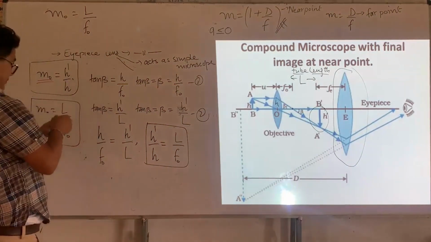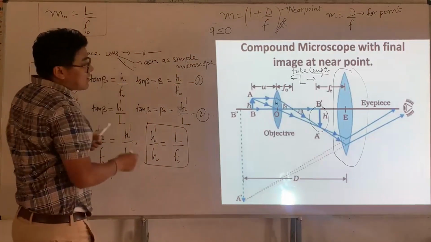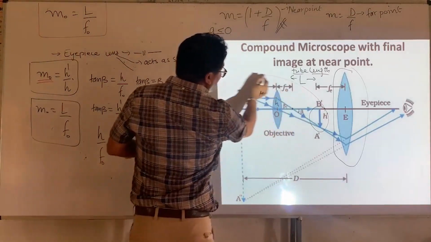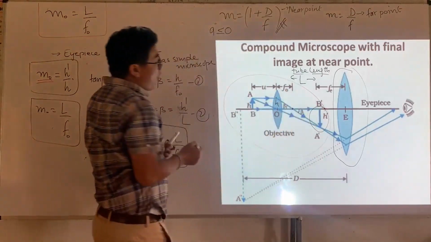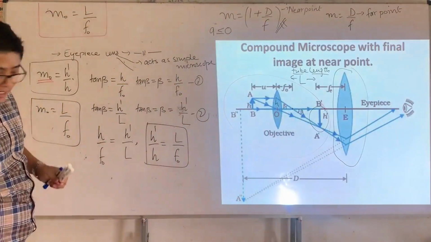This is done. Alright. Now this lens is already done. This part is already done. Now we are going to find out this. What about ME? ME. Alright.